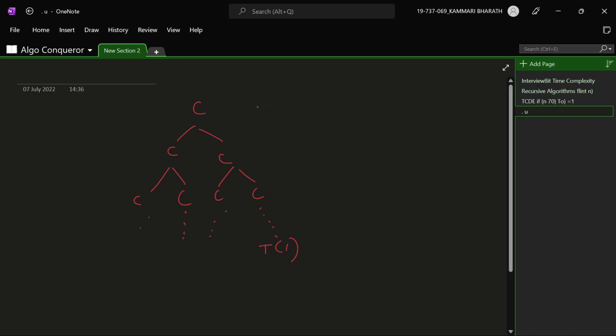Now the sum of all nodes of this tree will give you the time complexity. Sum of all nodes is equal to time complexity. Now let's have a look at how you calculate the sum of all these nodes.